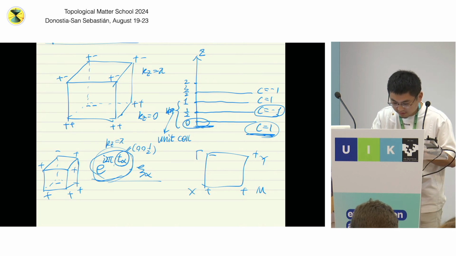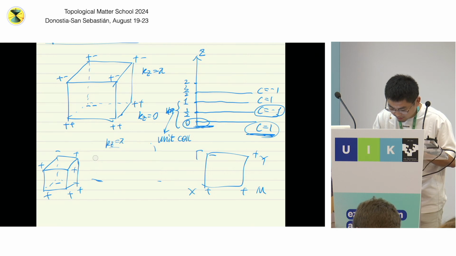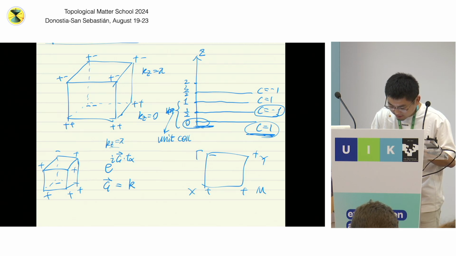Maybe the notation is a bit confusing. Let me write it more clearly. This additional phase factor should be e to the i G dot T alpha, and G is defined by k minus k.